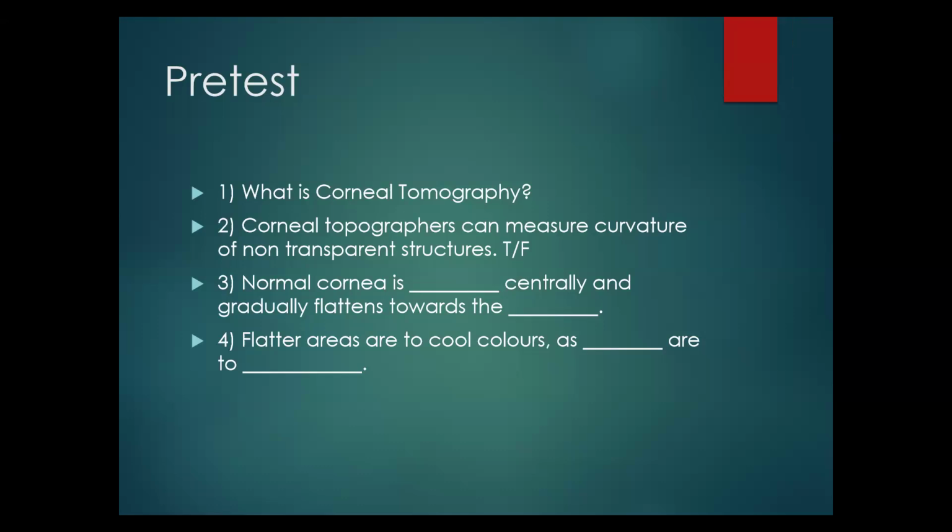Is that not correct? Say that again. No, I'm saying that you say flatter areas are to cool colors, right? Yes. As red and orange are hot. No, steeper areas are to... Oh no, that's wrong now. That whole statement is wrong. Hold on.